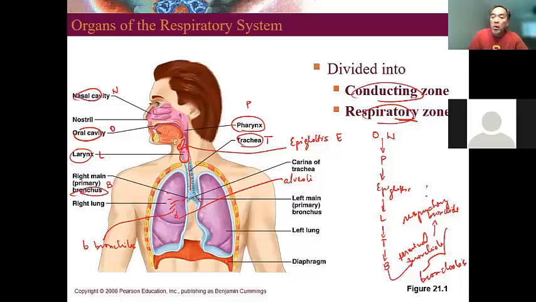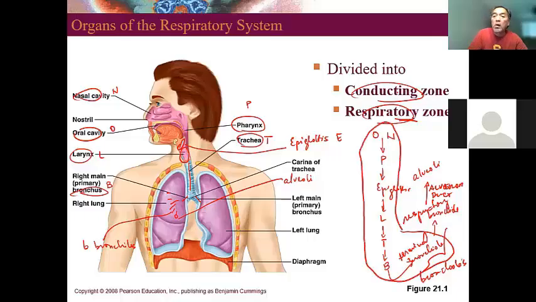And then the respiratory bronchiole attaches to the alveoli, but you have the alveolar duct. The alveolar duct is a small tube that connects to the alveoli. Okay. So these are the specific structures through which the air goes, because we have to divide the conduction zone from the respiratory zone. So anything before the terminal bronchioles, all of this is called your conduction zone.